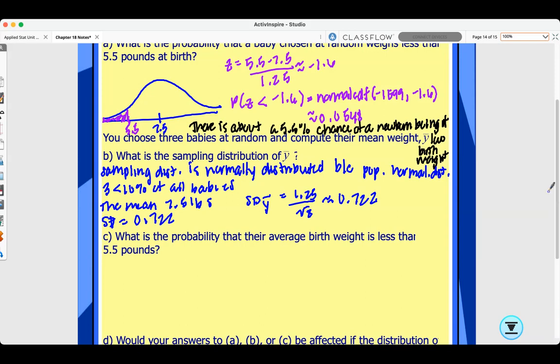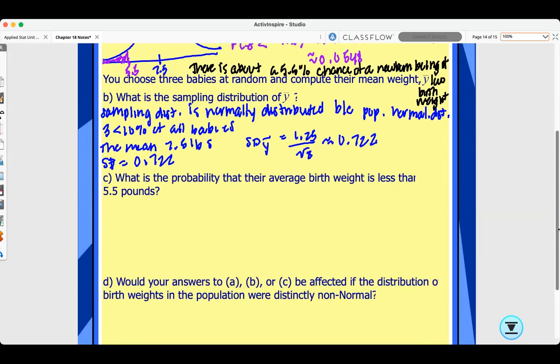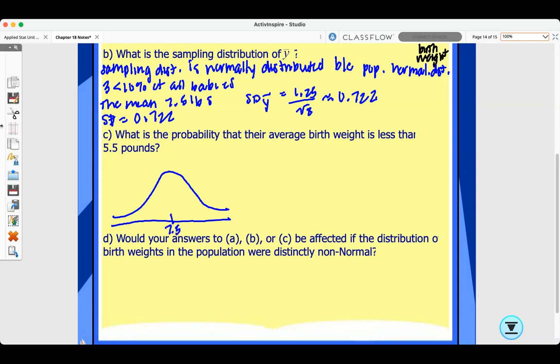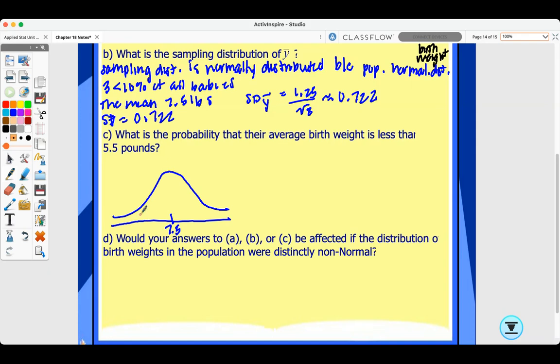What is the probability that their average birth weight is less than 5.5 pounds? So this is with our 3. We would again have 7.5, and 5.5 is over here. We're finding this probability here. We need to standardize our score.